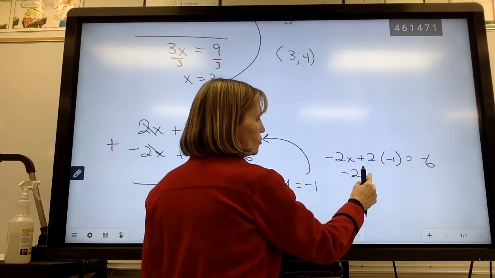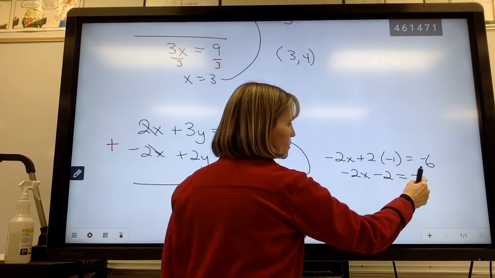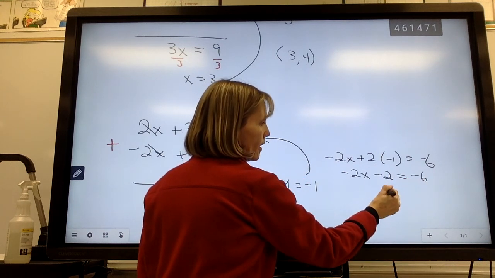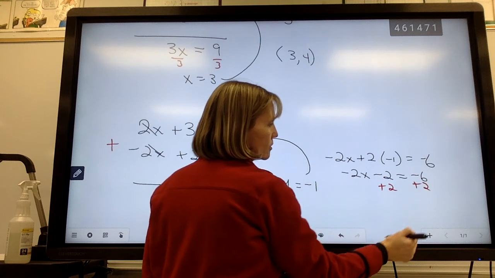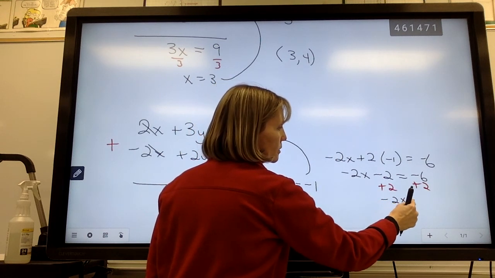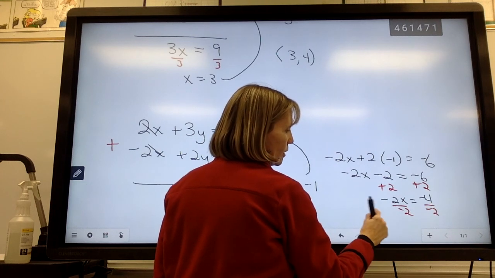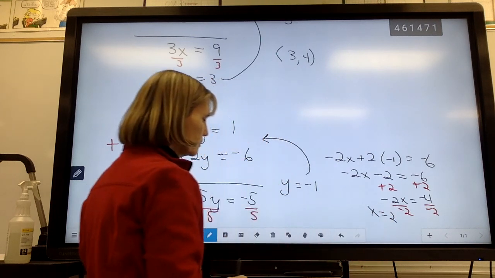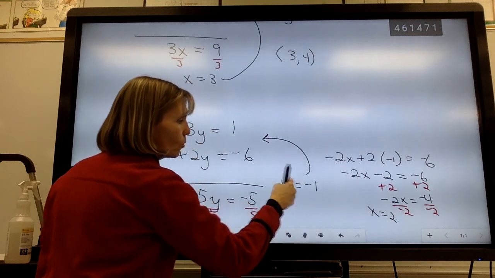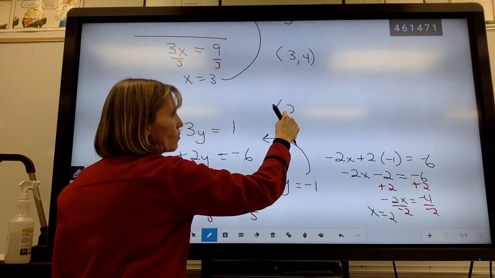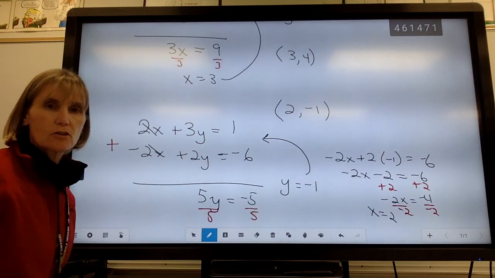So I have negative 2x minus 2 equals negative 6. If I add 2 to both sides of the equation, I get negative 2x equals negative 4. Divide by negative 2, and you get x equals 2. So x is equal to 2, and y is equal to negative 1. I want to write my answer as an ordered pair.